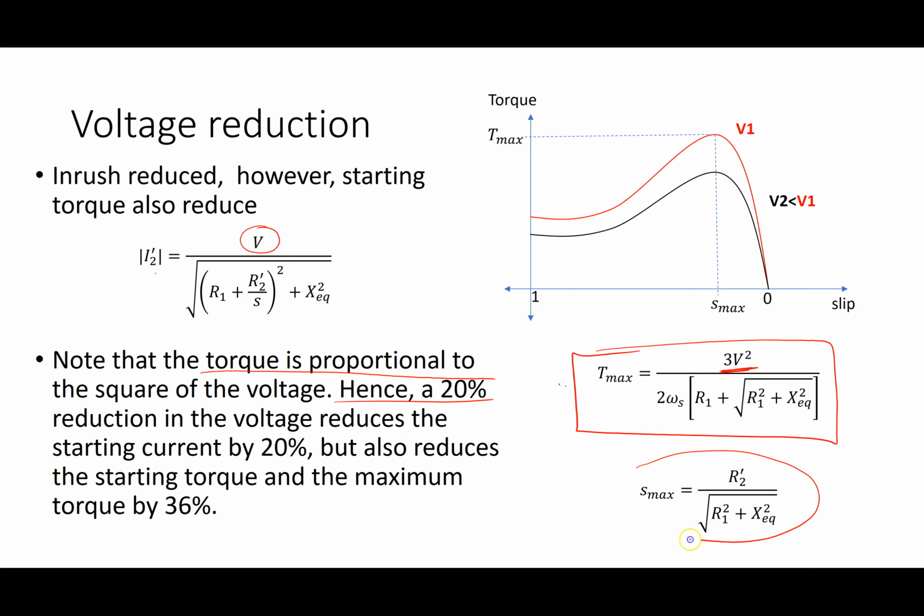If we look at Smax, remember we derived these the last day, or hopefully you would have, you'll see that it does not depend on the voltage at all. So Smax is unchanged, but Tmax changes. The torque reaches a maximum at the same slip, but it is now less because we reduced the voltage. And of course, we'll also have a reduction in the starting torque. All the torque throughout the characteristic will be reduced.